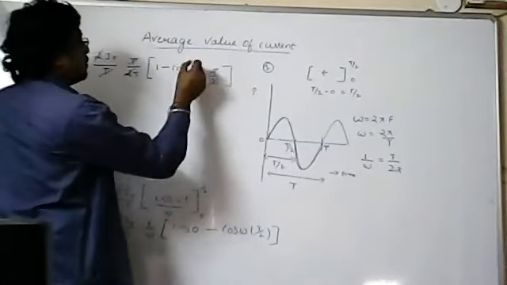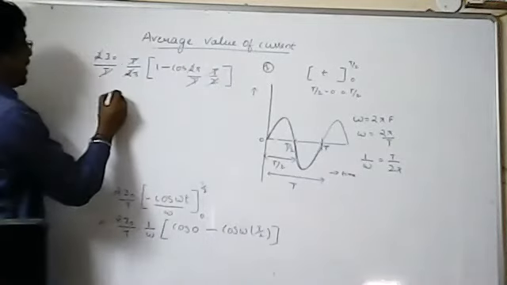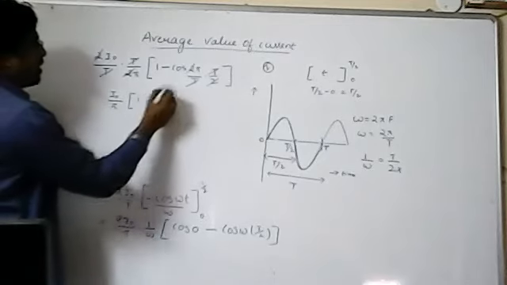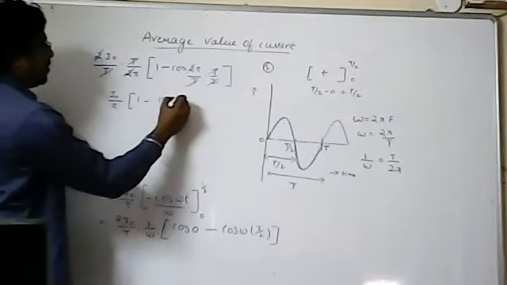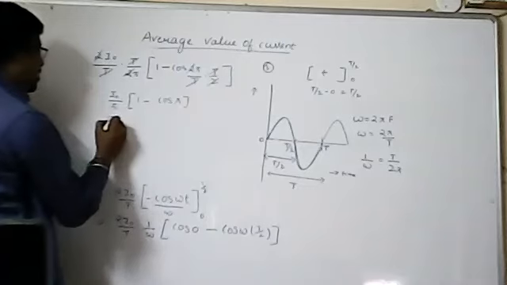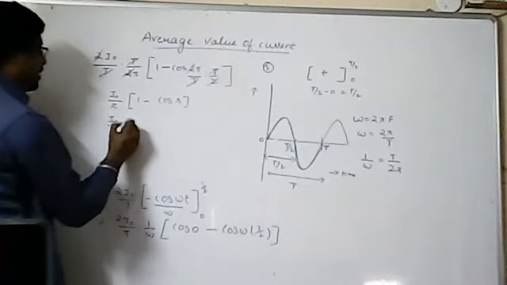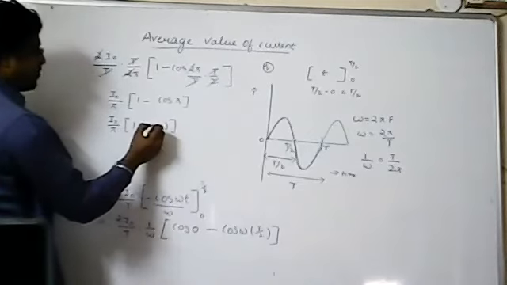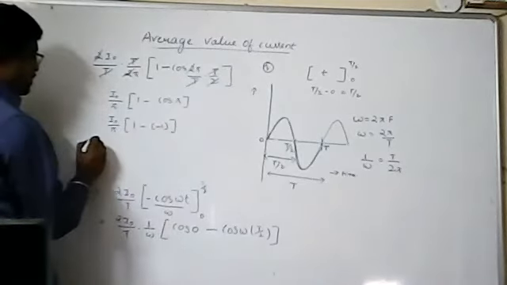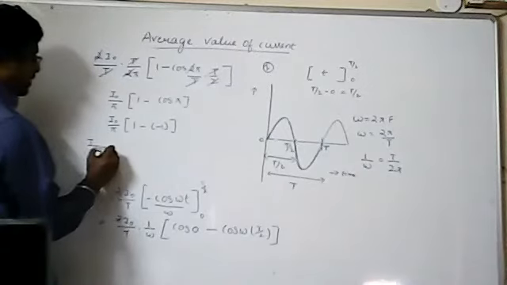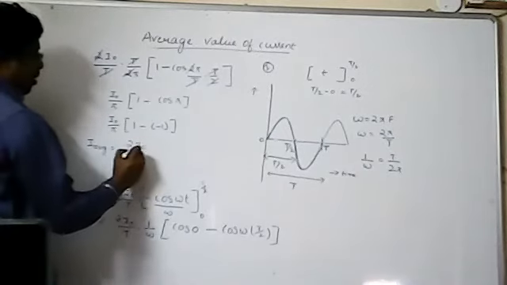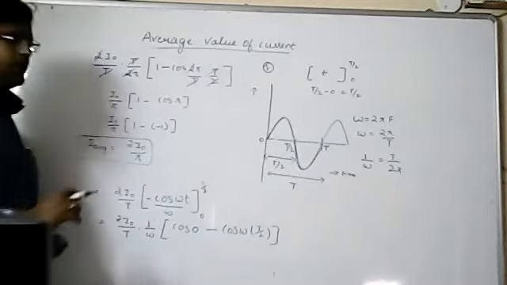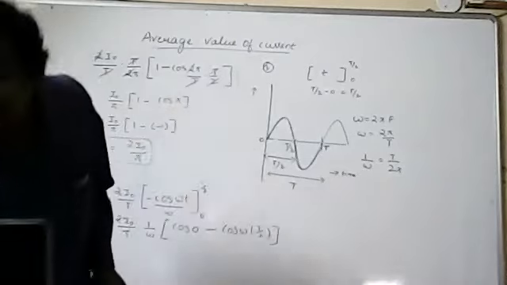So I naught by pi into 1 minus, leftover is cos pi. What is the value of cos pi? Cos pi value is minus 1. So minus of minus is plus, 1 plus 1, 2. So I average is equal to 2 I naught by pi.